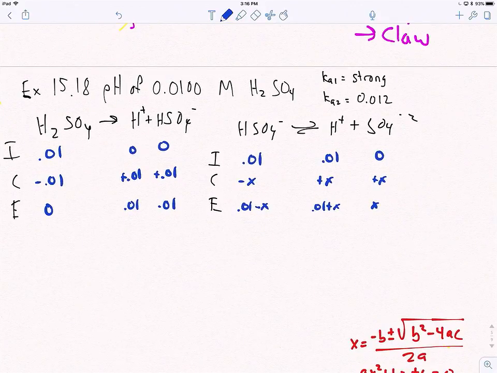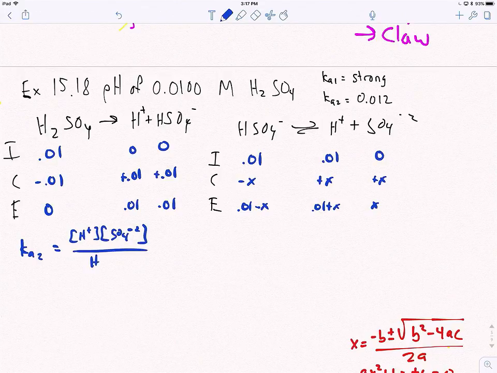And Ka is going to be products over reactants.